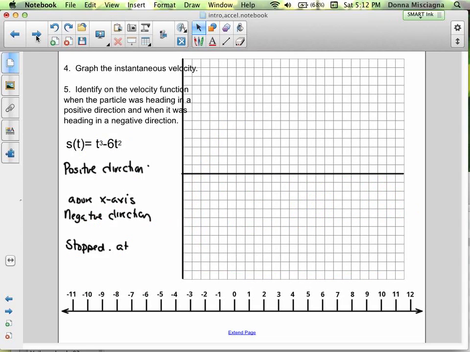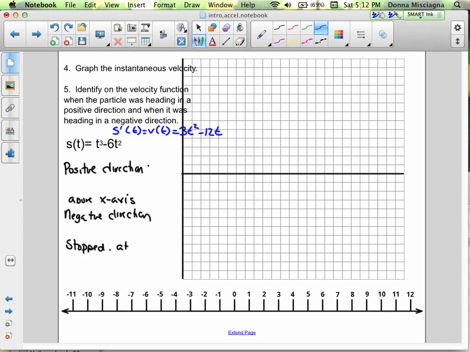All right, so let's graph the instantaneous velocity. To graph the instantaneous velocity, we need to take the derivative. So s prime of t, which is v of t, is going to be 3t squared minus 12t. Let's graph that.